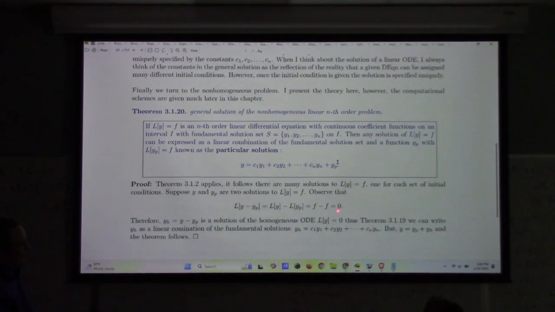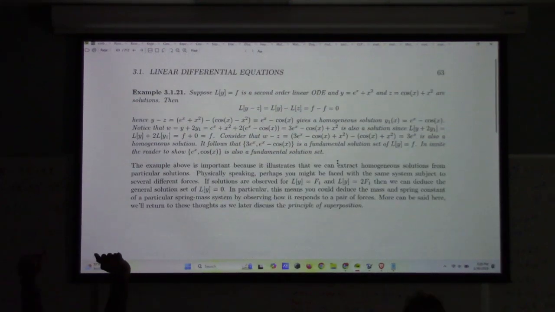So you get f minus f, which is 0. Thus, yh equals y minus yp. That's a solution of the homogeneous problem. So by the previous theorem, that can be written as a linear combination of fundamental solutions, which then gives us the claimed formula.